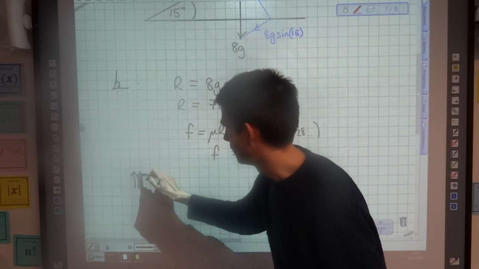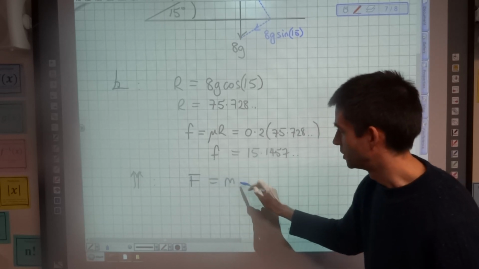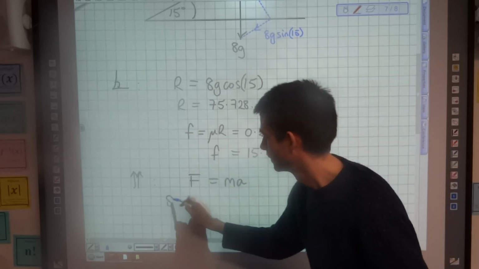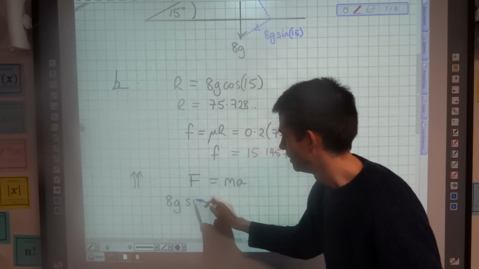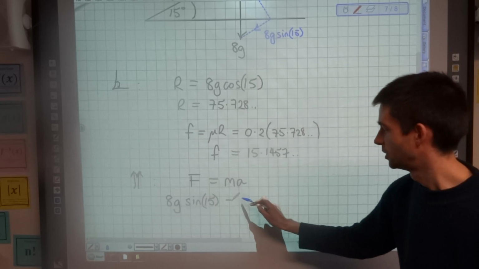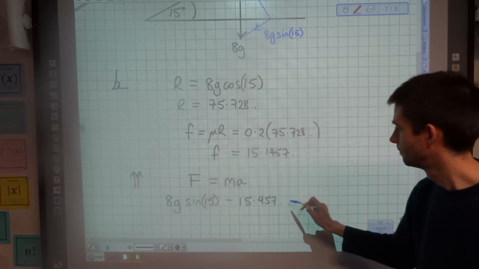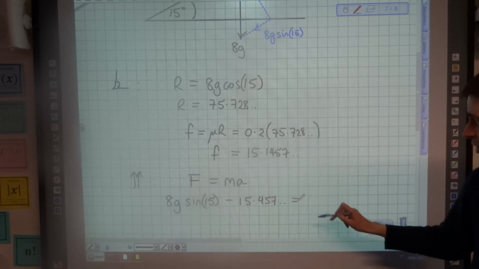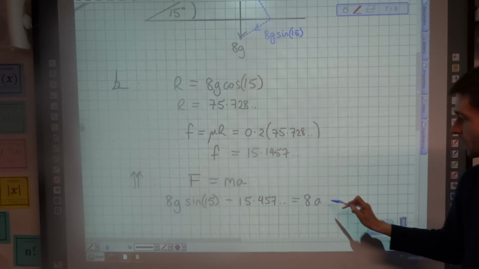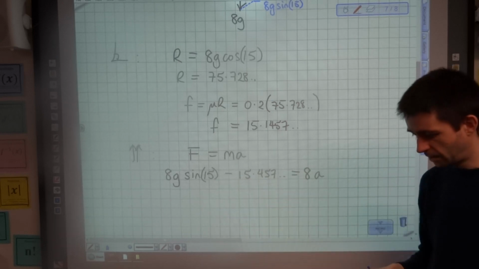So when I resolve parallel to the plane, I'm using the resultant force is equal to mass times acceleration. And I've got 8g sine 15 minus my friction, which is 15.457, is equal to the mass, which was 8, multiplied by the acceleration. So I can get a numerical value for this.